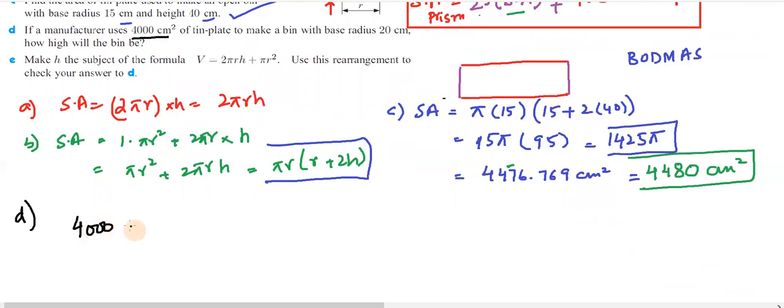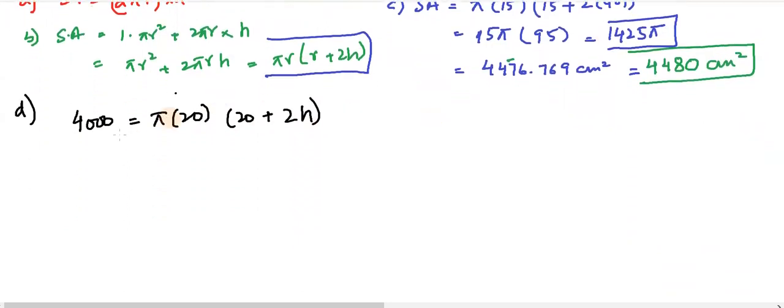So 4,000, and it has a radius of 20. So I'll replace R with 20, but the height has to be determined, so I'll keep the height as H. And from here onward, it's simple algebraic manipulation.